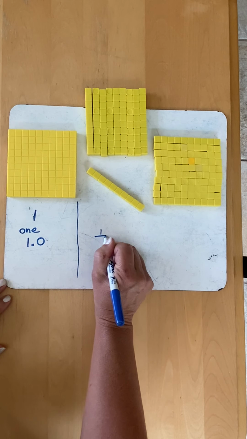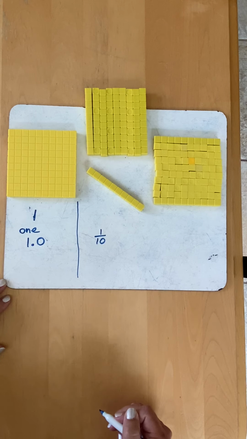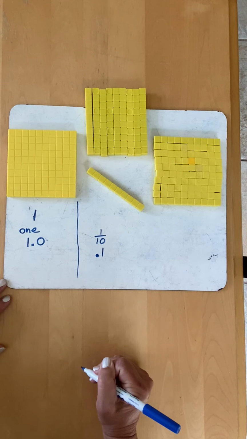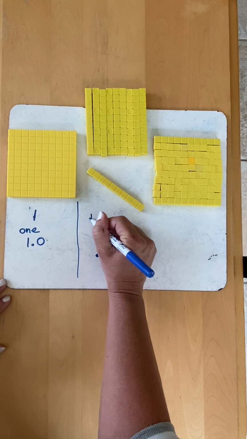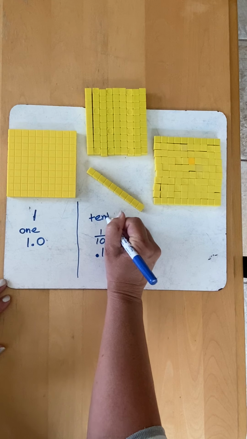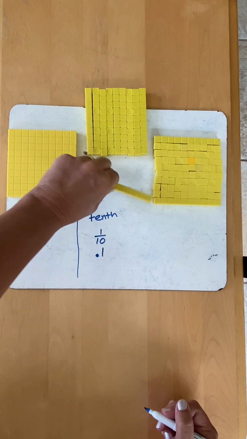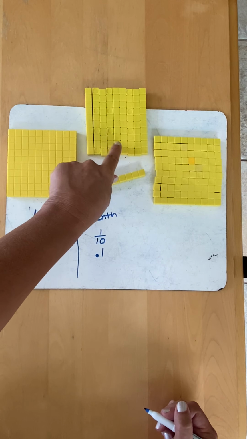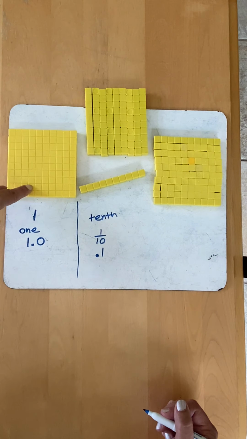So that would be 1 out of 10 pieces. I can say that is 1/10. And in word form, that is a tenth of this whole, because it takes 10 of these, 1, 2, 3, 4, 5, 6, 7, 8, 9, 10, to make this whole one.